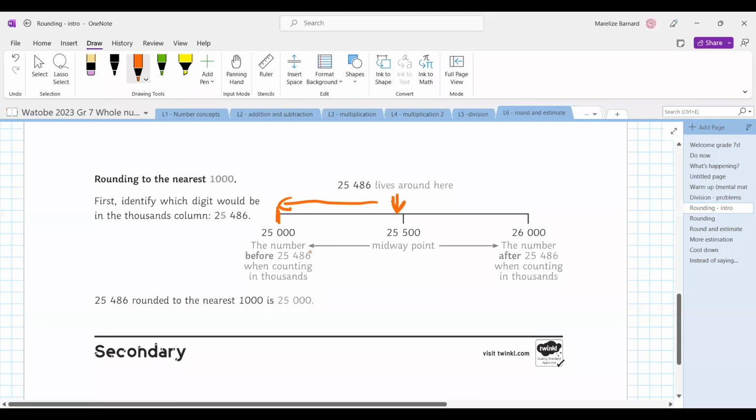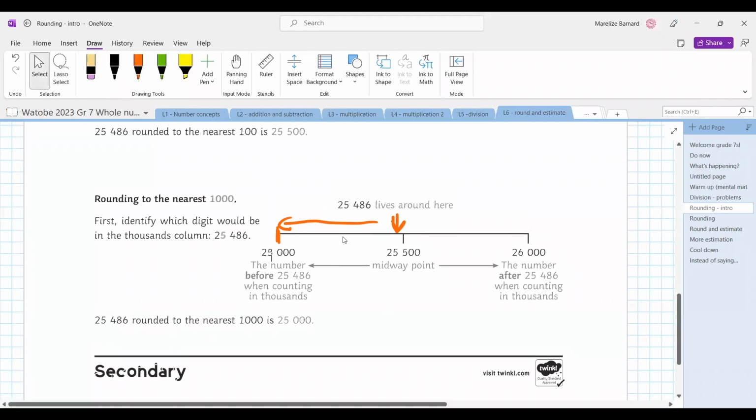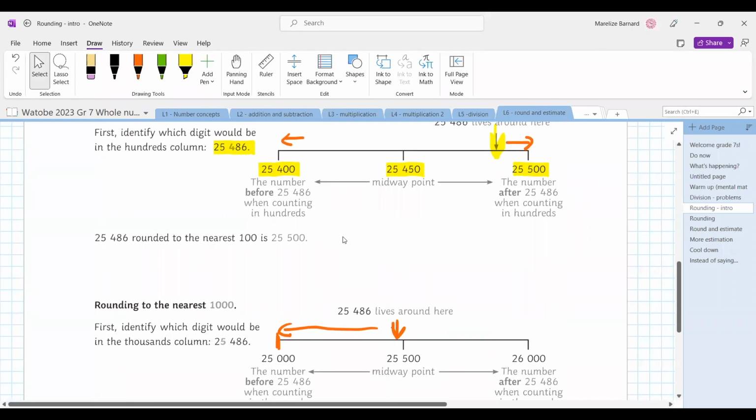Check again, guys. And if we are rounding to, listen carefully because I see people making mistakes. If you're rounding to the nearest 1,000, then your answer can only be a multiple of 1,000, like 25,000, 26,000, 27,000, etc. If you're rounding to the nearest 100, then your answer must be a multiple with 100 in it, like 25,400 or 25,500.